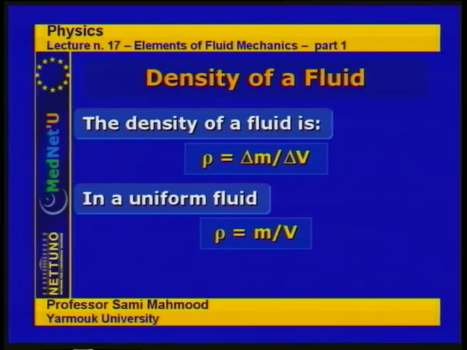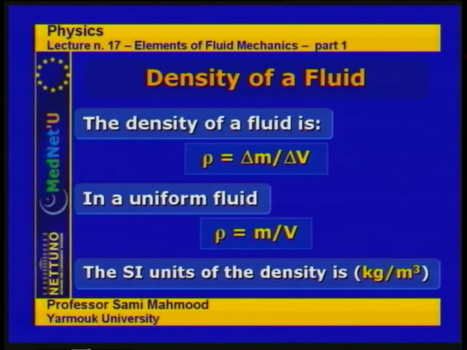If we take the total mass divided by the total volume, it gives us the average density of the fluid. But if the density of the fluid is constant, then the average density is equal to the density at any point in the fluid. And in that sense, rho equals m over v is the density of a uniform fluid.